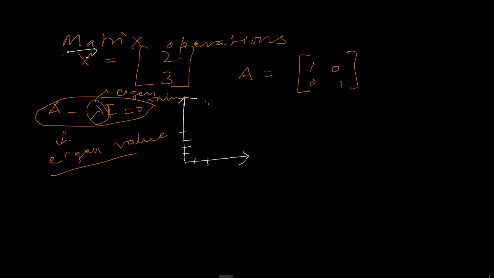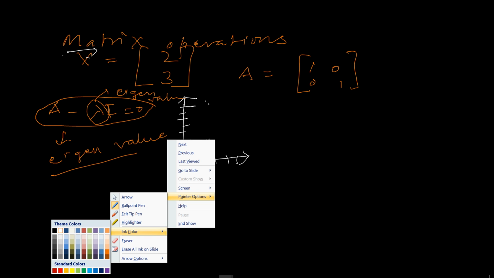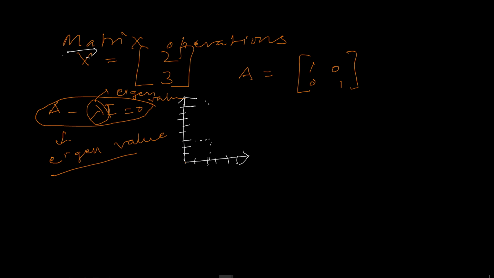Okay, then if you represent 2 and 3, I can change the color, and this way let us make it interesting. This is my vector x, 2 comma 3.